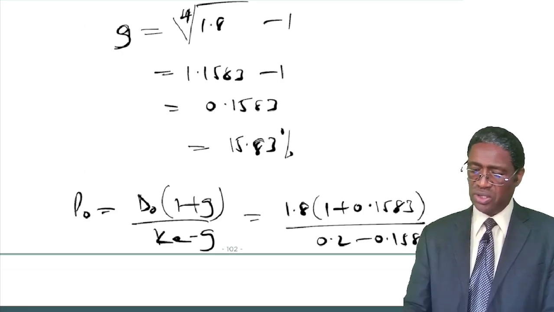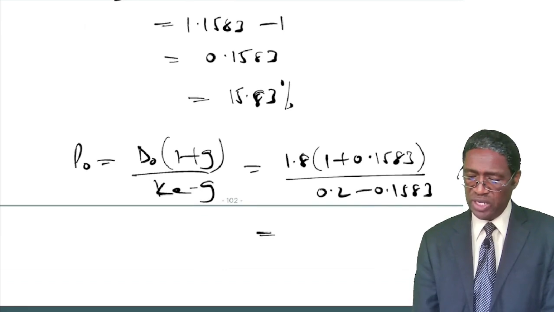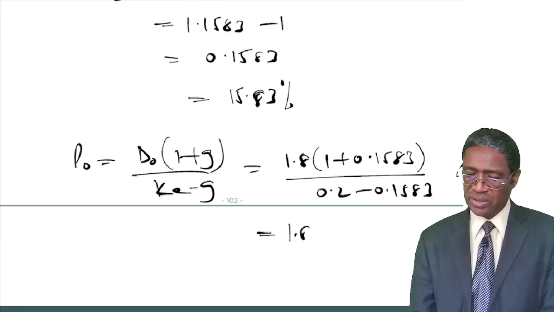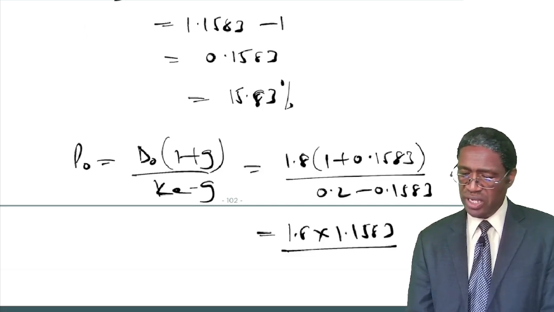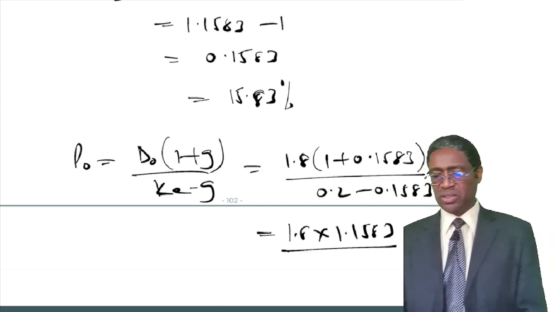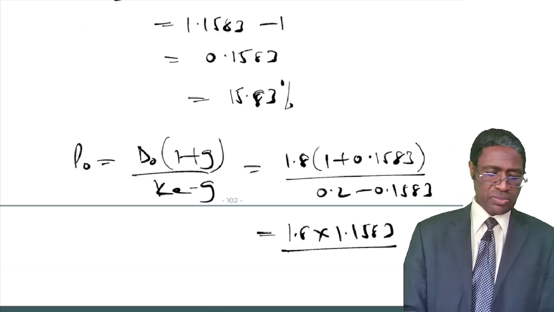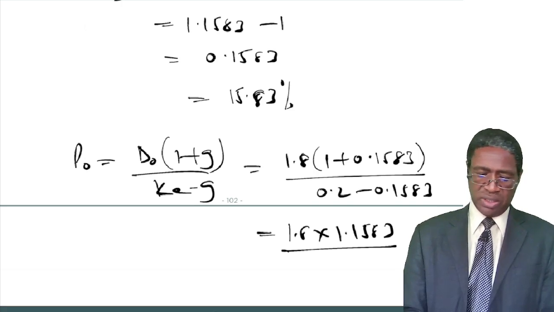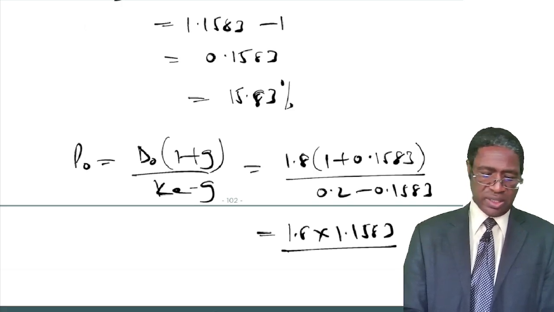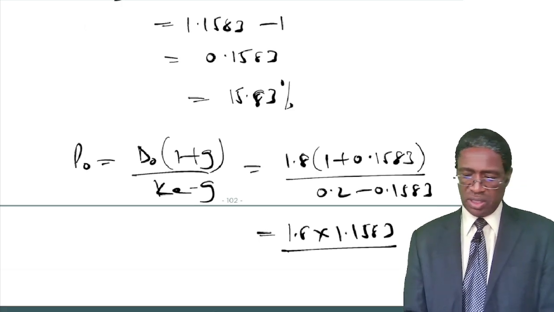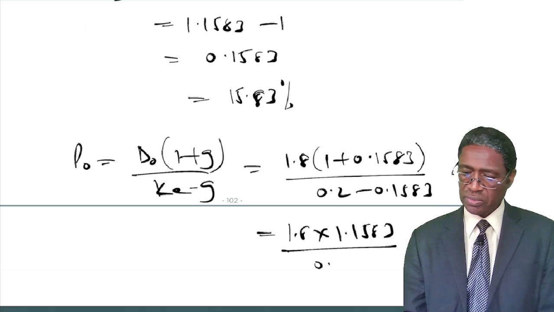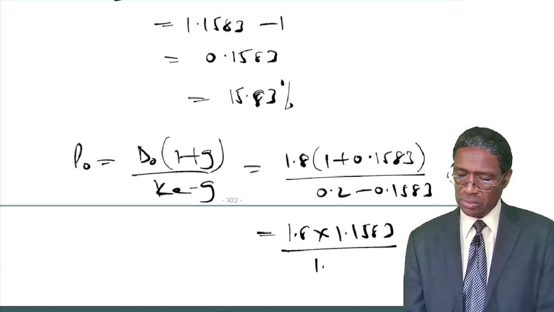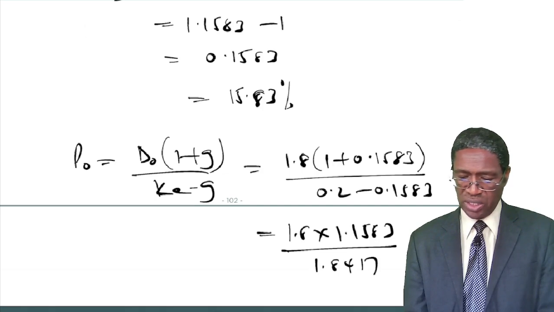0.1583. Good. Let me multiply the numerator. This will be 1.8 times 1.1583. You divide that by what? What is 2 minus 0.1583? That becomes the denominator of 1.8417.